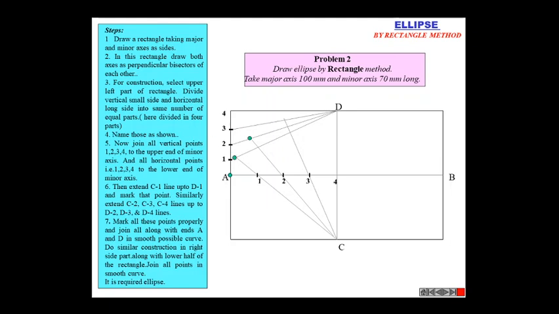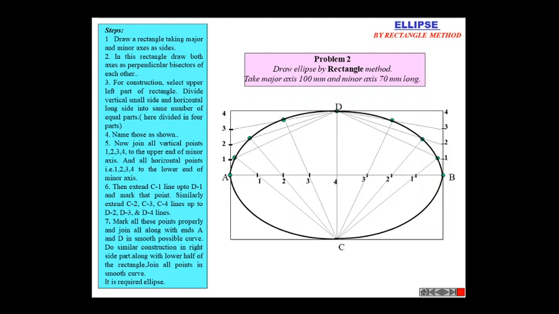Likewise we repeat the same on the other side, that is the right side, with the same horizontal, vertical, minor and major axes. Then the remaining parts as well. This is one of the methods we are going to see.